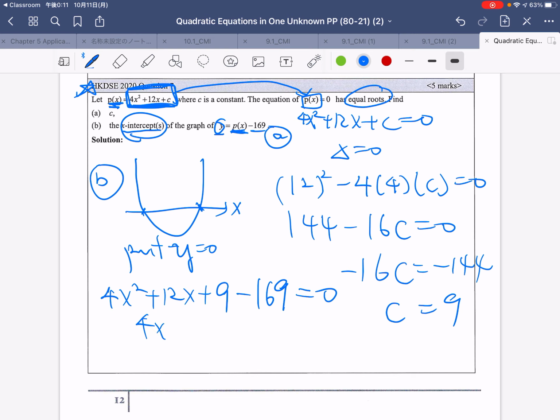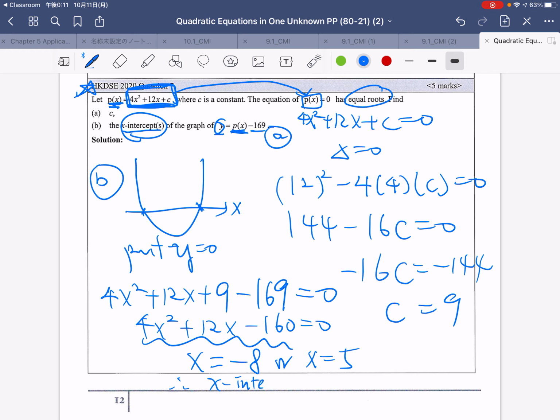So 4x squared plus 12x minus 160 equals 0. Then you use the formula to get x equals -8 or x equals 5. Therefore, the x-intercepts are -8 and 5. So that's the end.